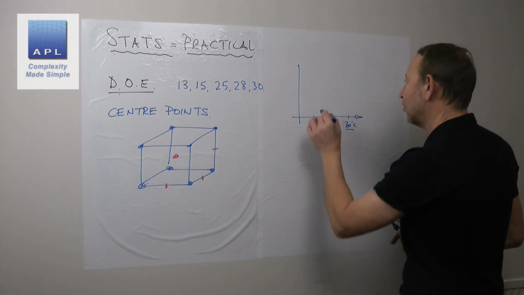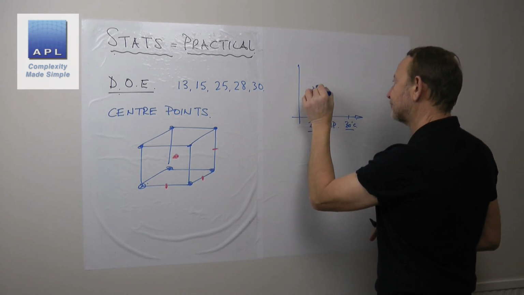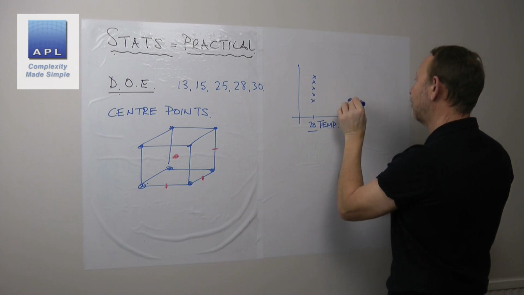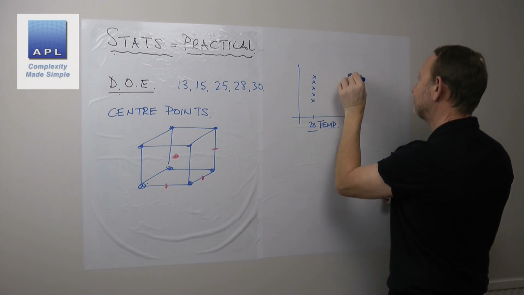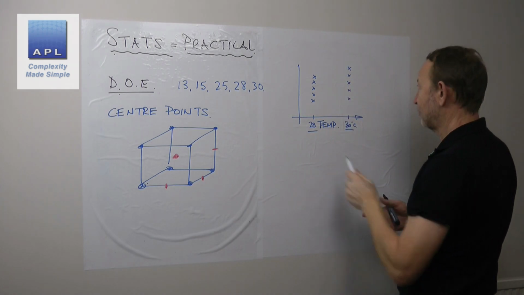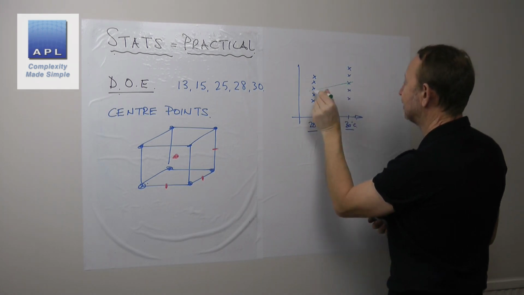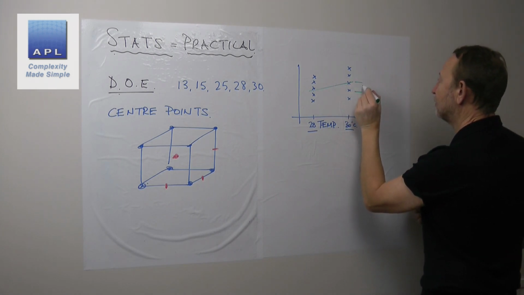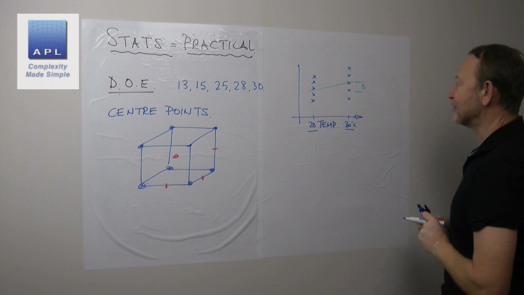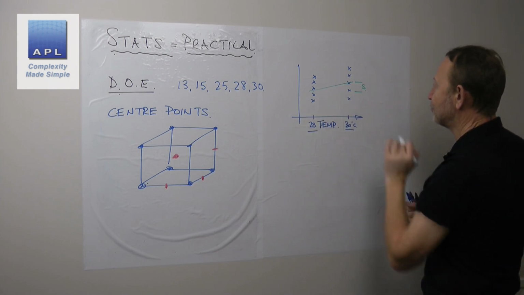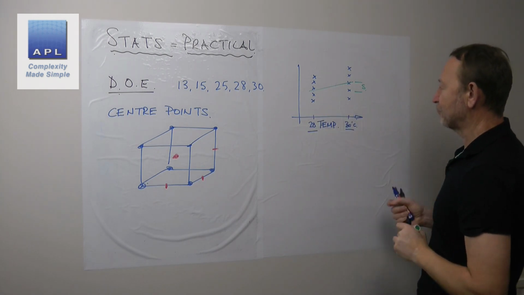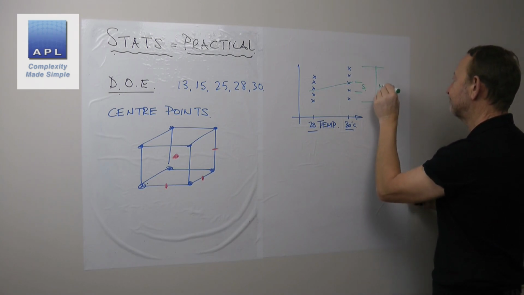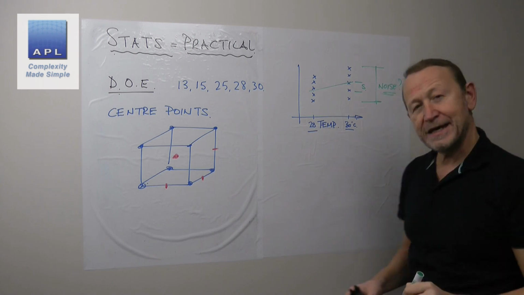If you get that kind of noise, and you don't shift the result very much, so let's say you've put a tiny little signal in like that. So if you look, the signal is that big. That's the rise that you've created by going from 28 to 30 degrees. But the noise is massive.